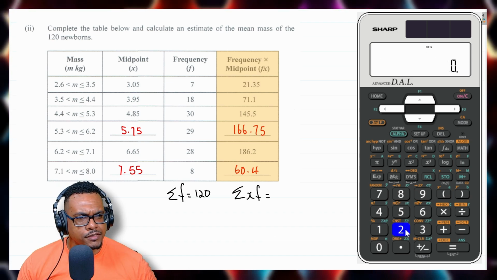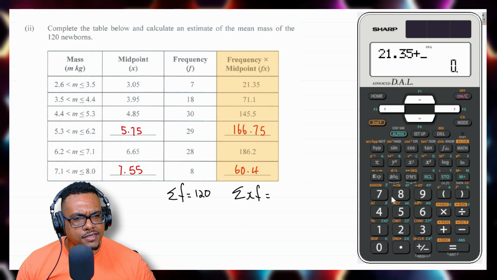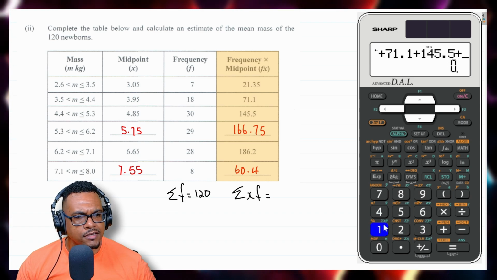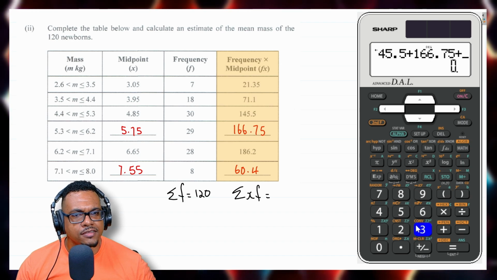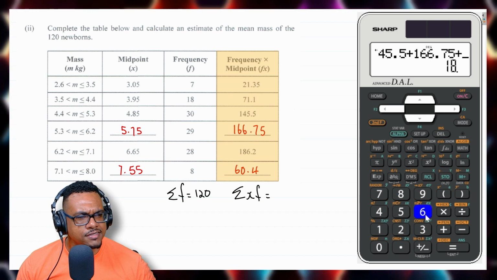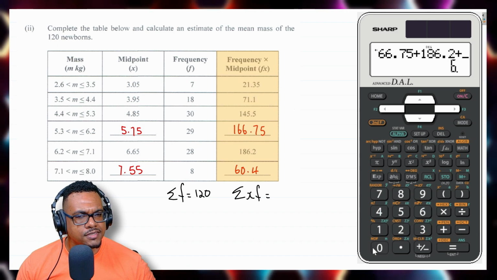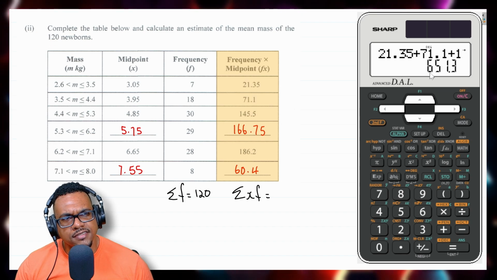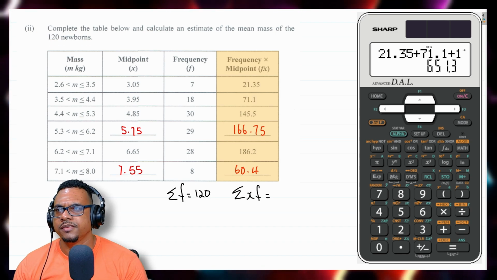and I'm going to add up 21.35 plus 71.1 plus 145.5 plus 166.75 plus 186.2 plus 60.4. Press equal and we get 651.3.